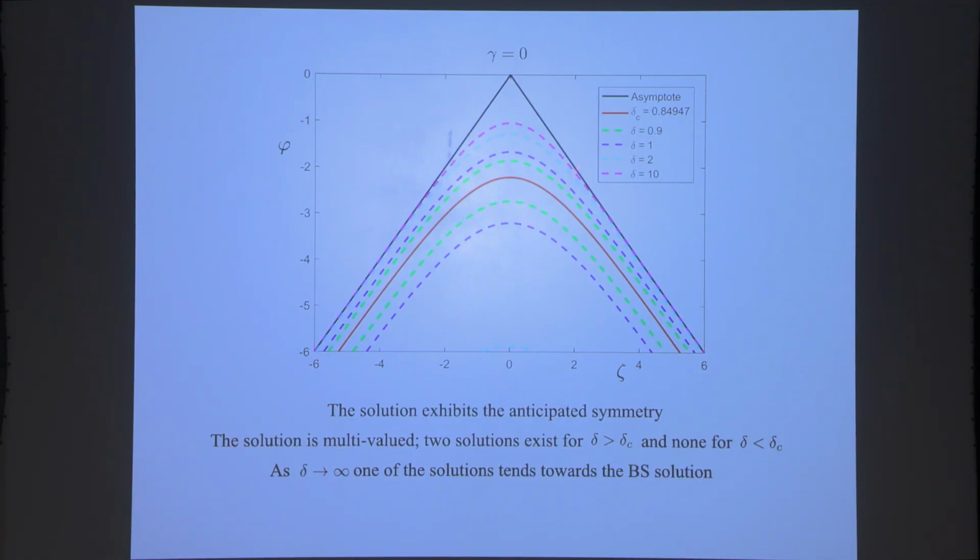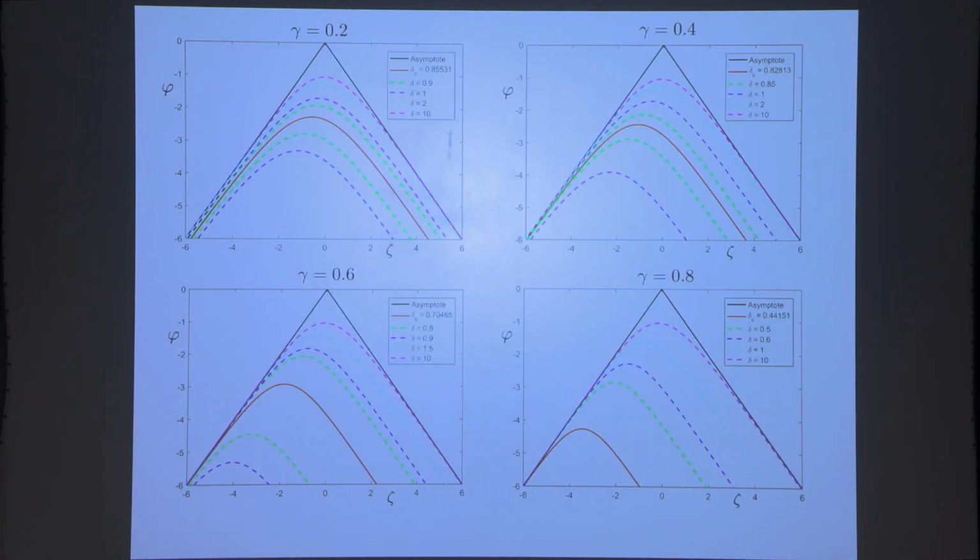And as I indicated, as I started, delta going to infinity, or large delta, is essentially the Burke-Schumann solution. This was for gamma equal to 0. So gamma equal to 0 gives you the same leakage on the left and on the right, and that's the symmetric case. For different gamma, you see that it breaks the symmetry.